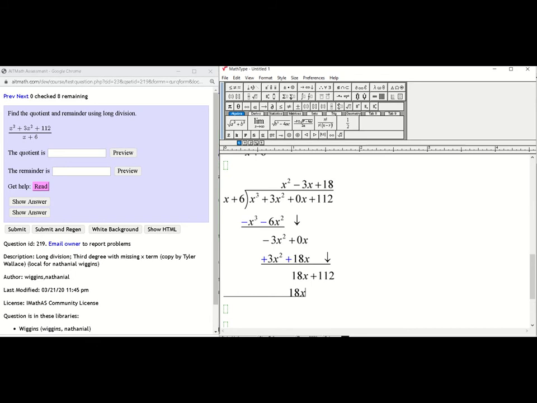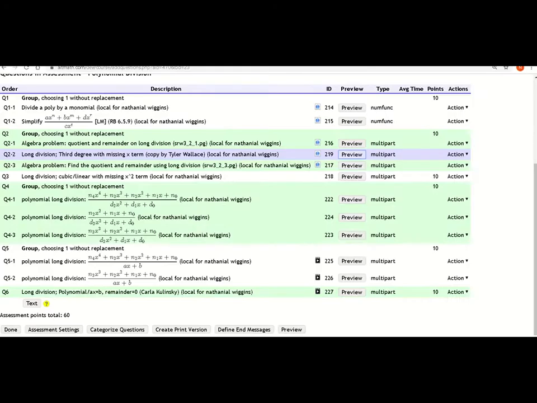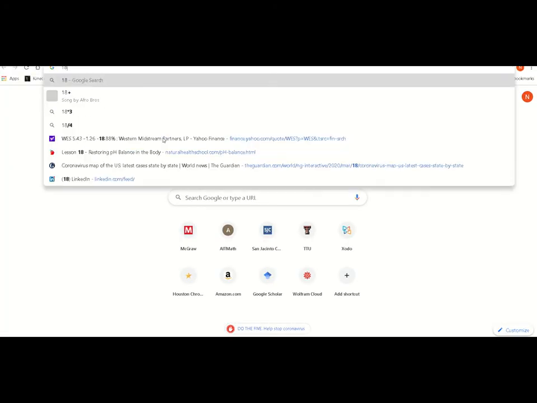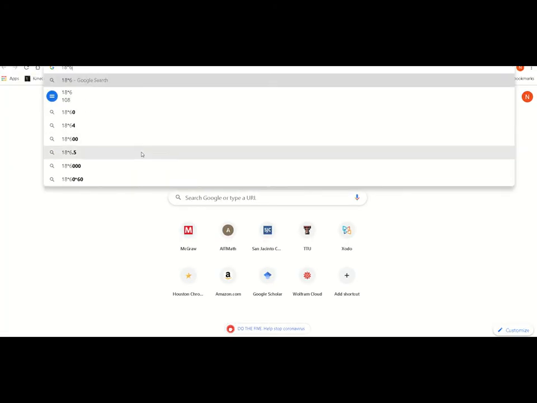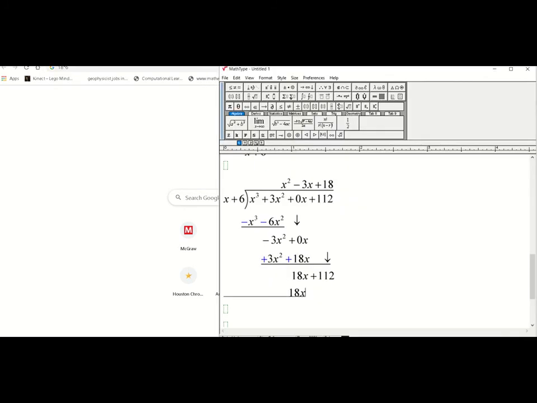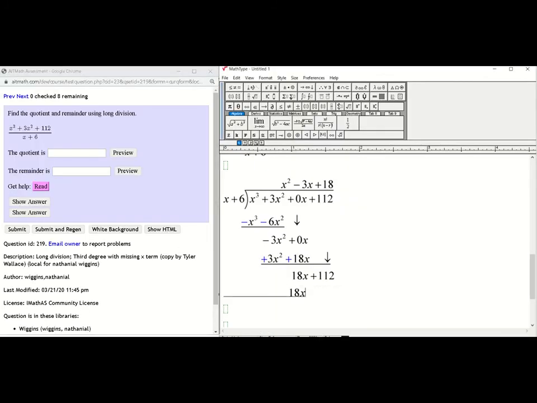And 18 times 6 is 108. Okay, and again, we're going to change the sign, right?